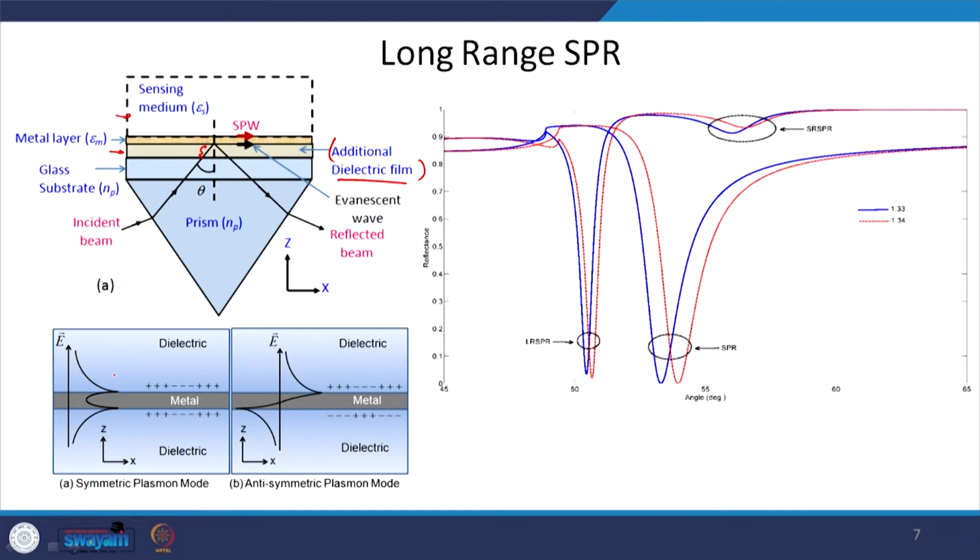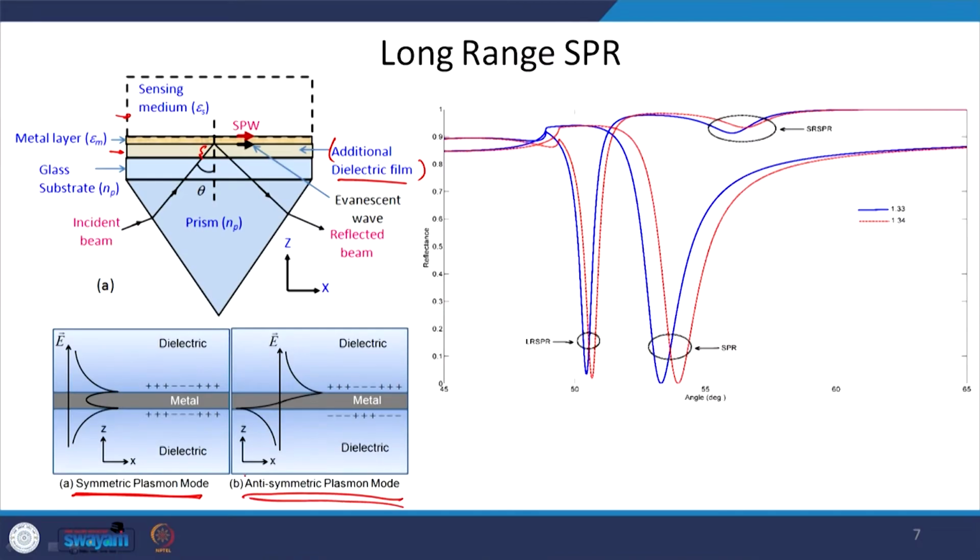If their electric fields are superimposing in phase, then you will have a symmetric plasmon mode. If they are interfering out of phase, you will have antisymmetric plasmon modes. So, now you had two plasmonic modes and then they superimpose and give you two new plasmonic modes, those are called super modes, plasmonic super modes. So, you will have either a symmetric mode or an antisymmetric mode.